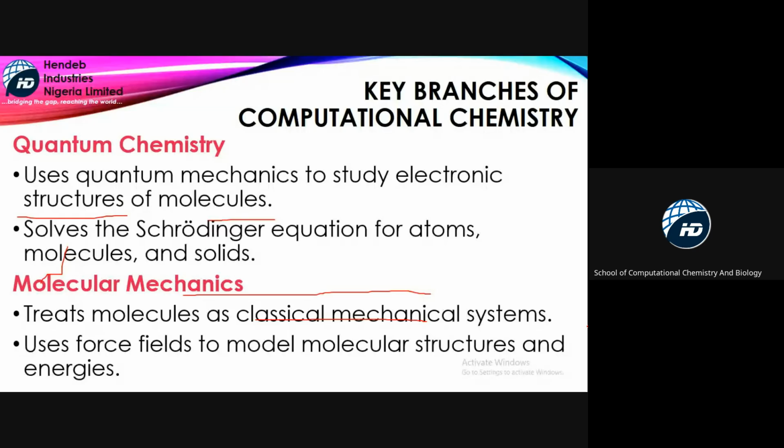Another branch of computational chemistry is molecular mechanics, MM. MM is a branch of computational chemistry that treats molecules as a classical system. What that means is that they see molecules as a classical object, an object that can be set in motion. Mechanics is all about motion.